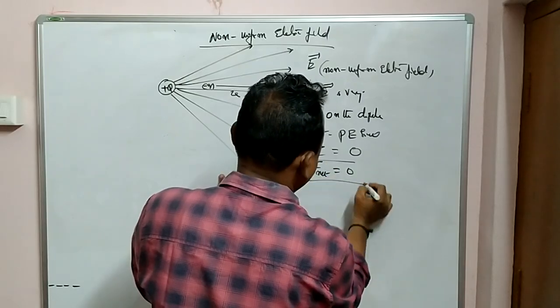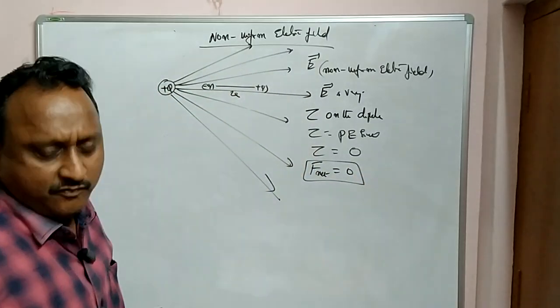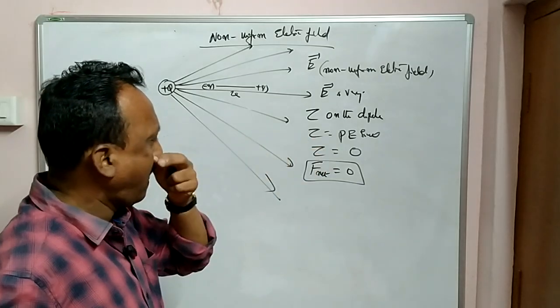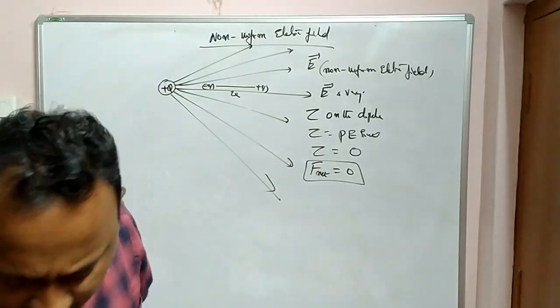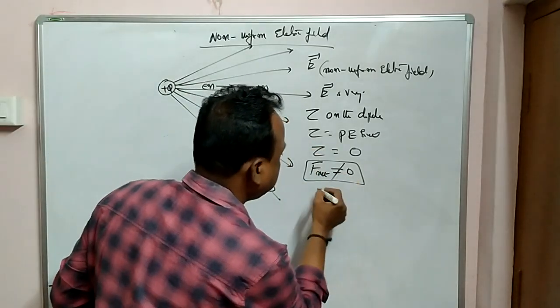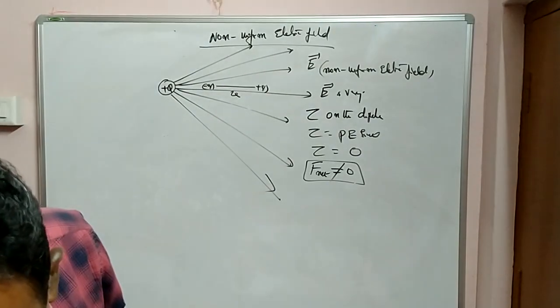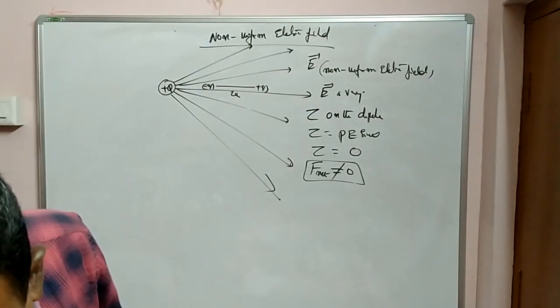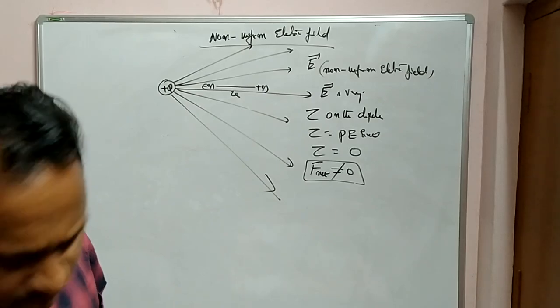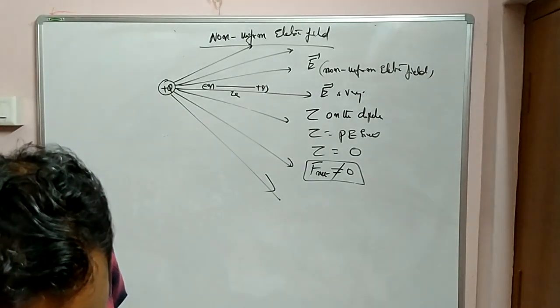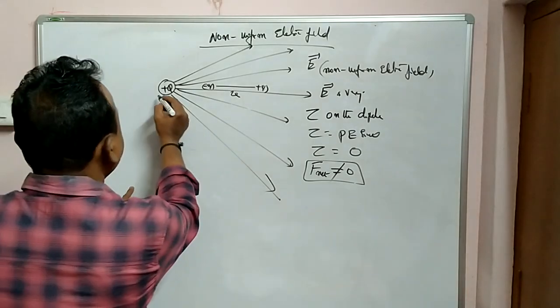These are some points, please note down. In a non-uniform electrical field, torque is equal to 0, F net is not equal to 0. And one more point, please note down this one, very very important. And this is a point charge, please.